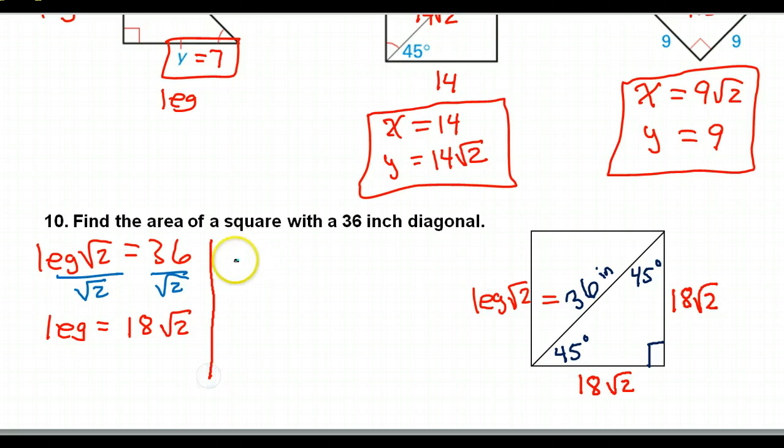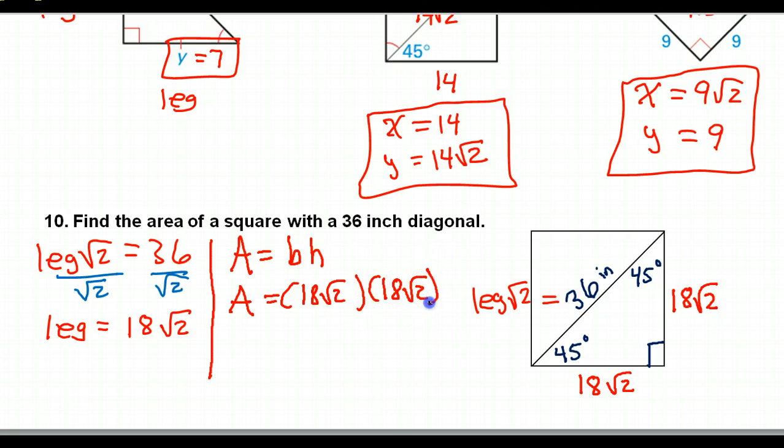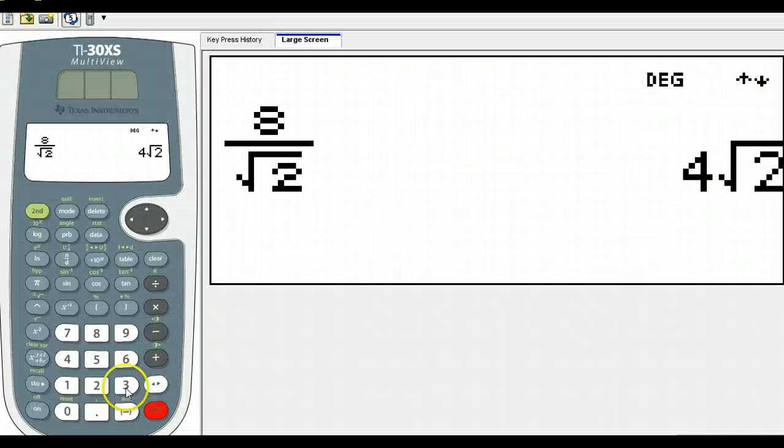So how do I find the area of a square? Okay, I could either think of it as just base squared, or I could do base times height. Either way, so the area is going to be 18 radical 2 times 18 radical 2. Okay, I could put that in my calculator, couldn't I?